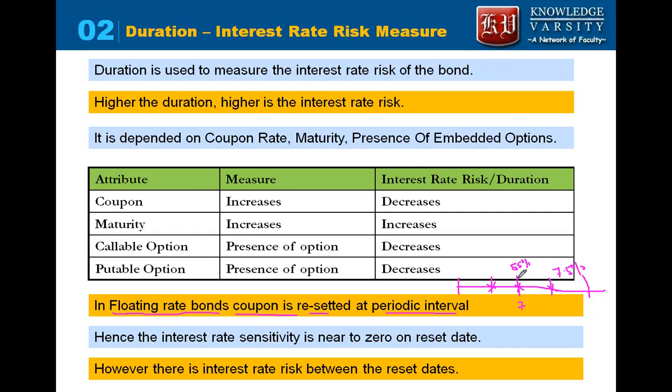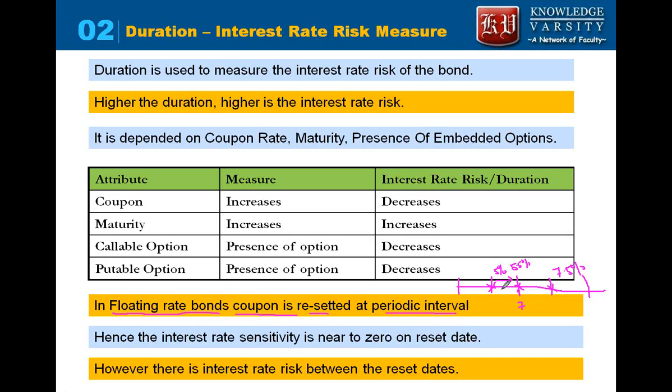So due to the change in LIBOR, at every coupon payment point you are resetting to the new rate, which is the market rate. For this period the LIBOR is 5%, or the market rate is 5%, and you are asking for the bond correspondingly. So there is no interest rate risk at this point. But the LIBOR rate can change.